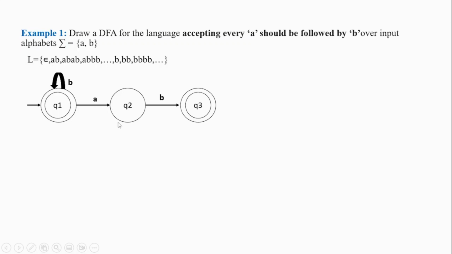This is a non-final state, which means only A is non-final. But if A is followed by B, then it will be the final state, right? If there is A, it has to be followed by B, then it will enter into the final state. If it only sees A, then it will be in the non-final state. So whenever it sees A, it has to see B, right?